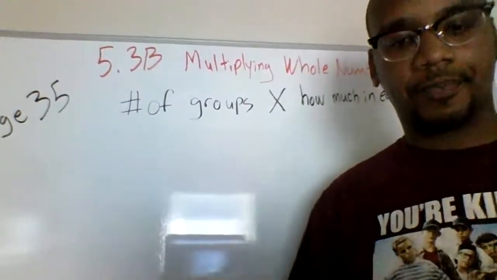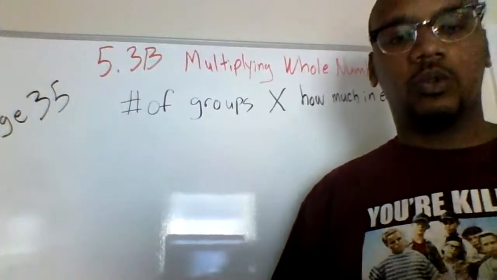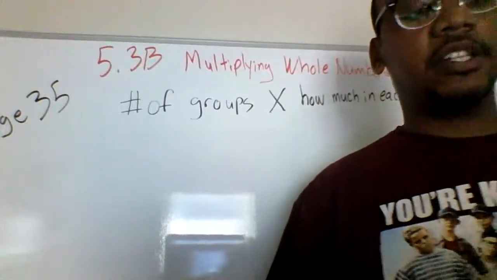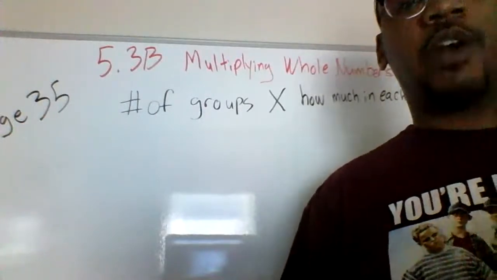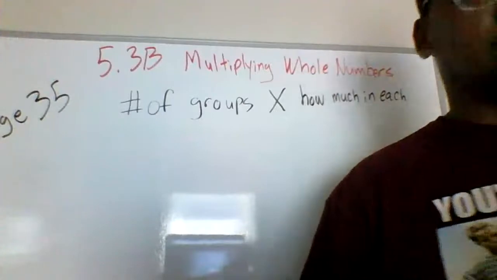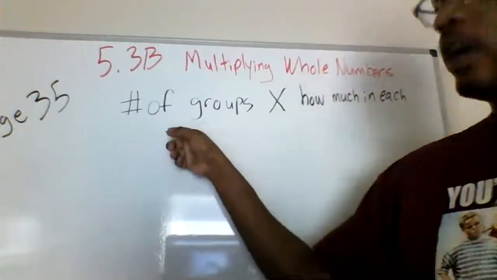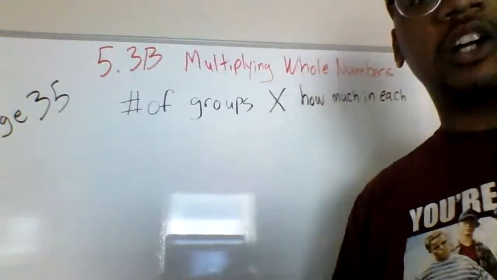All right. So if there's 23 students in the class and they making a 12 by 12 array with 144 square tiles. Which one is my number of groups? Is it 23 or is it 144?